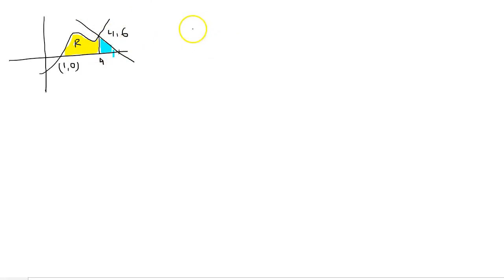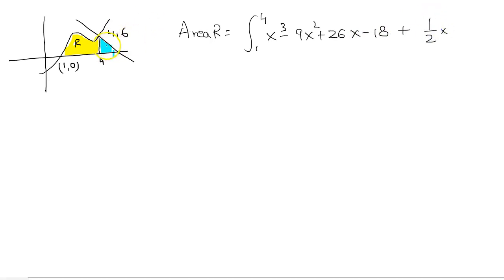So area R is equal to the integral from 1 to 4 of x cube minus 9x square plus 26x minus 18, plus the area of this triangle, half into this coordinate 6.